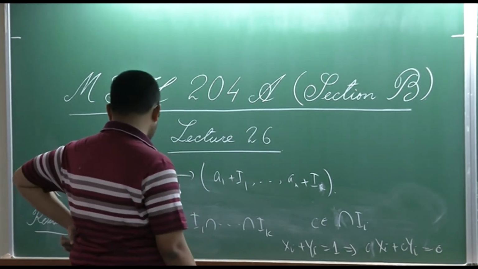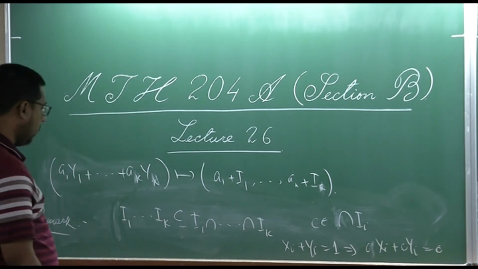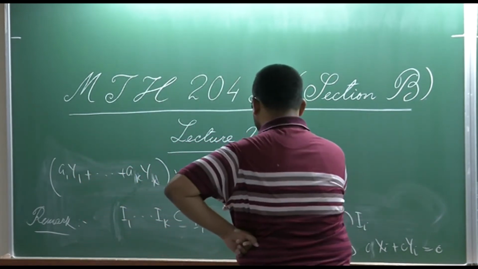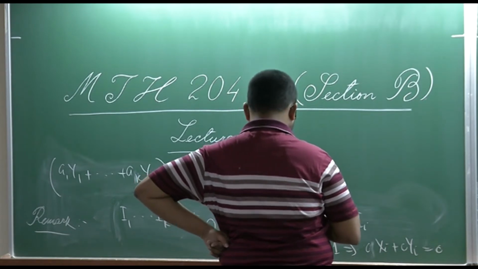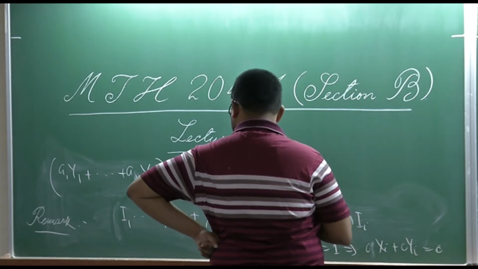Is it better if I do it for 2? All right. So, we are supposed to show that this belongs to the intersection of these I_i's.